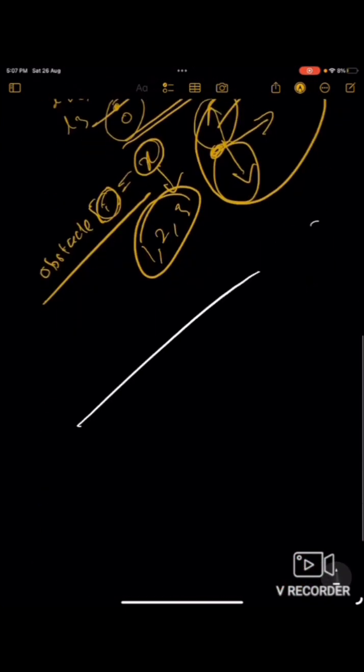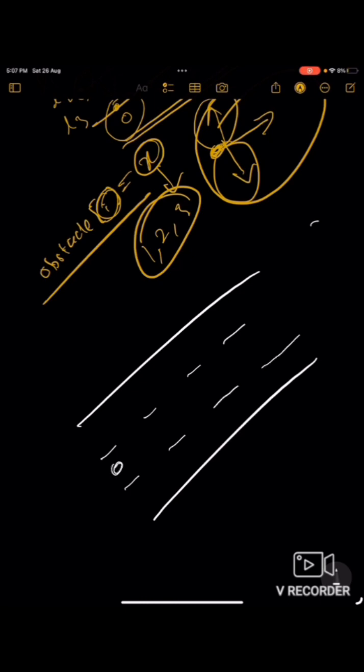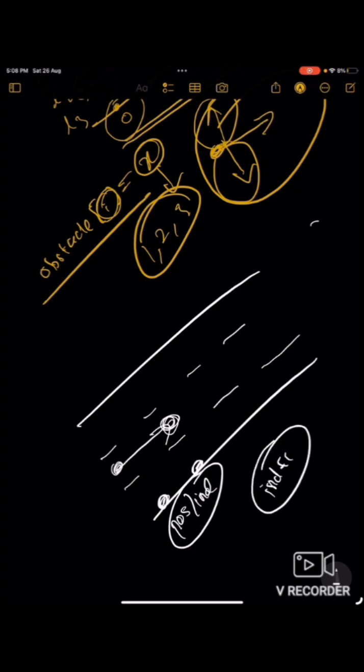So now, initially we know that the frog is already in the second lane, right? So when can this go front? Simple logic. It can only go front if at this position we don't have any obstacle here, right? So suppose let us assume this position is POS, or you can even take it as some index. So if at index plus 1 there is no obstacle, then it can go front, right?